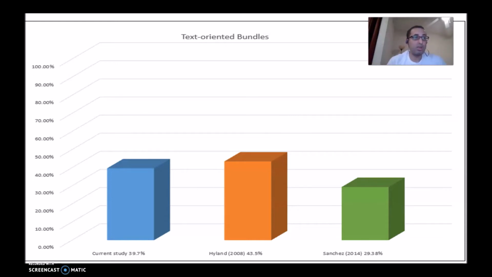It's 39%, while Hyland has 43% of text-oriented bundles. This time for Sanchez 2014, it's 29%. So the current study is higher by 10%.